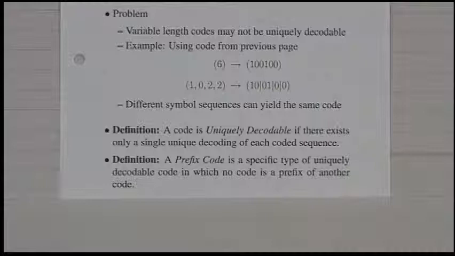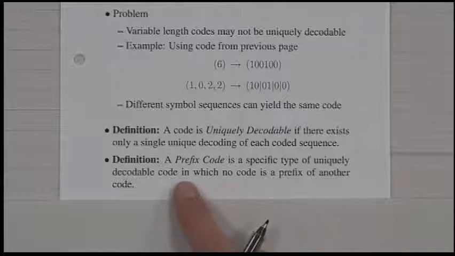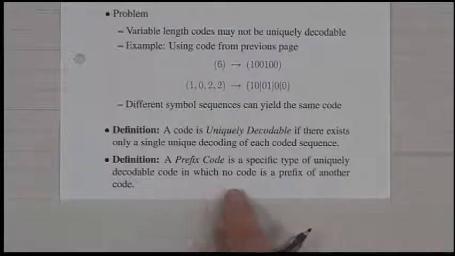One way of achieving a uniquely decodable sequence is to have what's called a prefix code. Prefix code is perhaps a bad name for it, because it perhaps should be called a non-prefix code, because a code is said to be a prefix code if no code is a prefix for any other code.